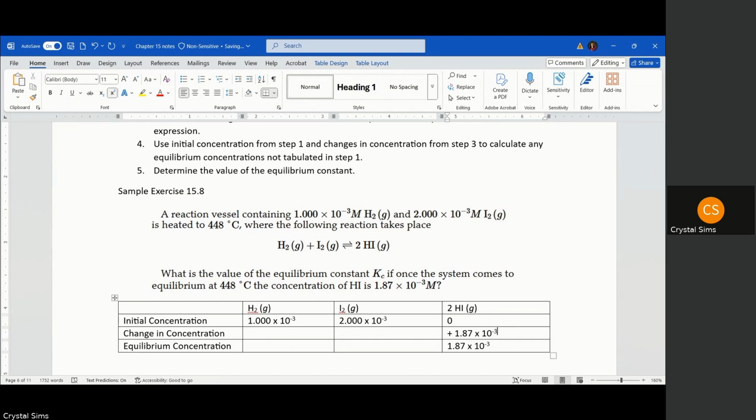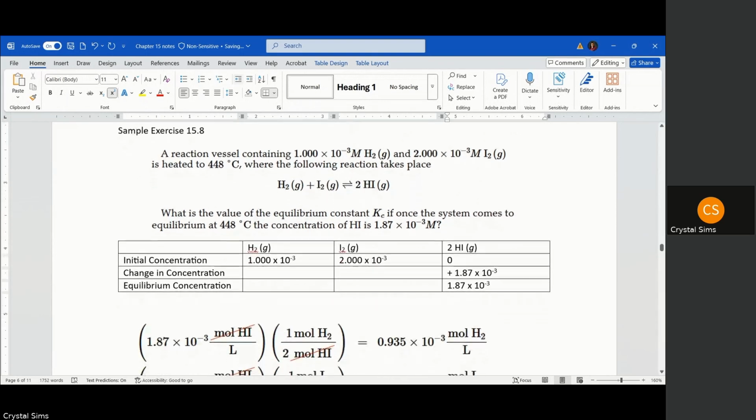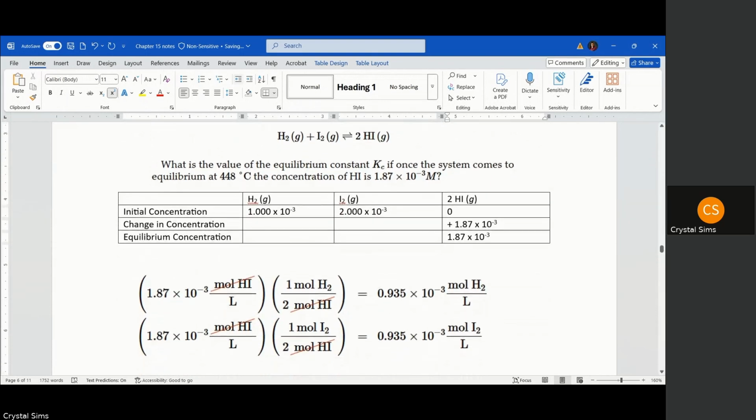Okay. The others, of course, are not that straightforward, right? Because they didn't start at 0. So now I have to use my stoichiometry from the reaction to figure out, okay, what then is the change in concentration for the others?